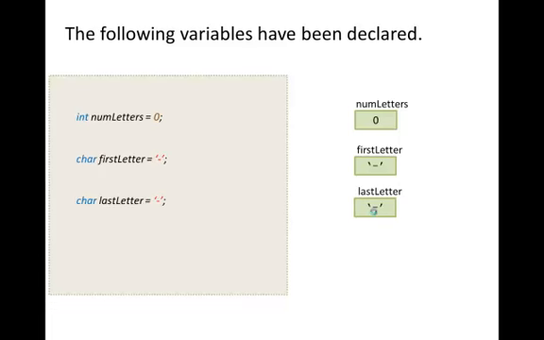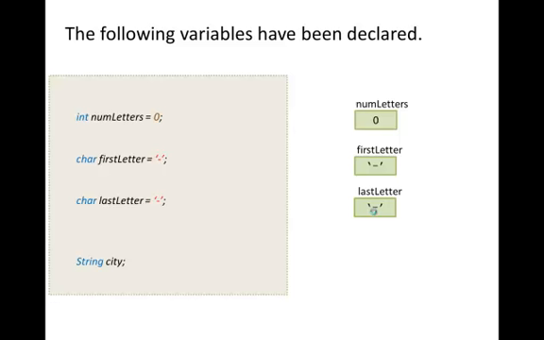I'm calling it lastLetter. Now notice here that I've initialized those to different values. I didn't necessarily have to do that. I could have just said int numLetters, char firstLetter, char lastLetter. I just did an initial value so that you can see what type of data it would hold. I'm going to overwrite that later on in the code.